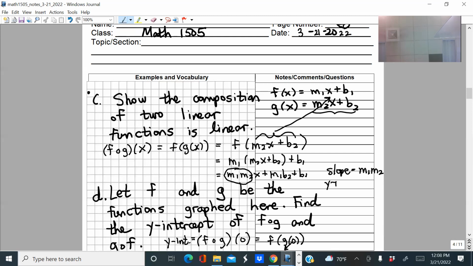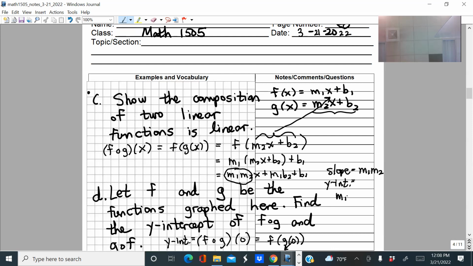And what's the y-intercept then of your composition function? It's what's left over here. Notice m1 and b2 and b1 are just numbers, correct? These aren't variables. x is the variable. So these are just constants. When you combine those, you just get a single number. That is the y-intercept.